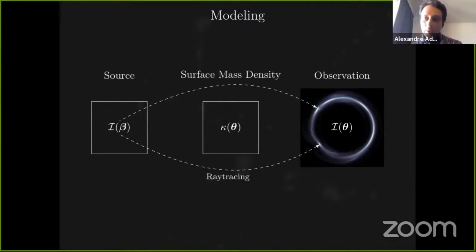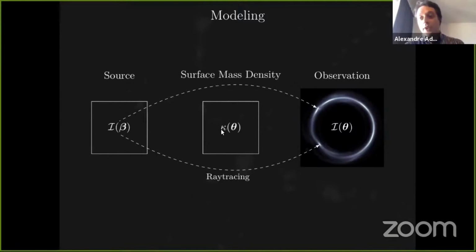We know correctly how to simulate in the forward direction. So if I gave you a source and mass density, you could easily reproduce this mock observation, but there doesn't seem to be a direct way to go from an observation back to the unknowns.